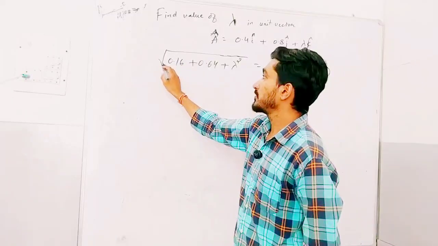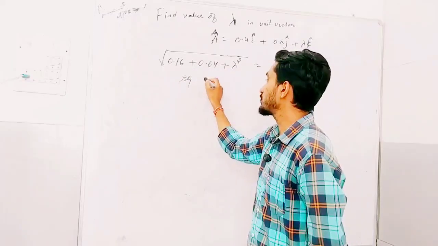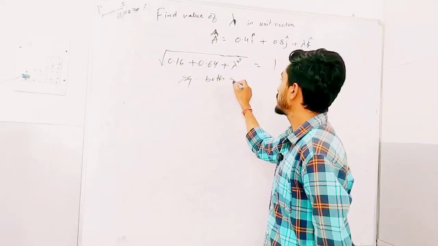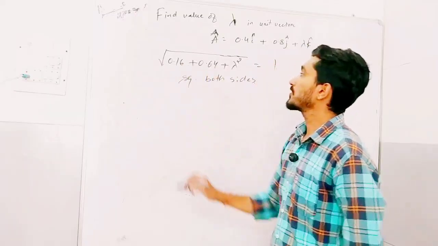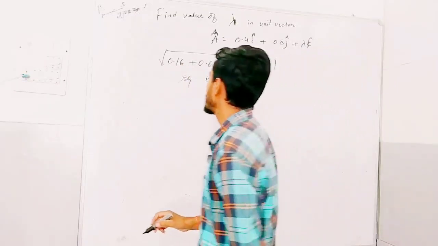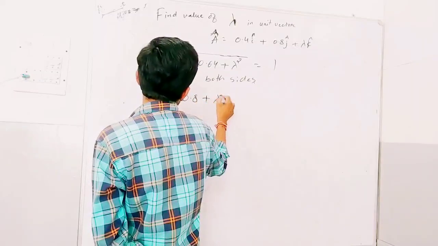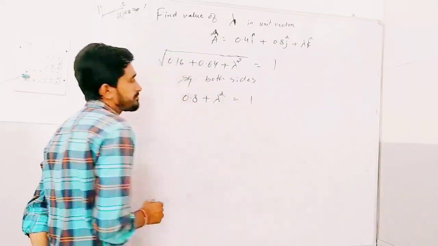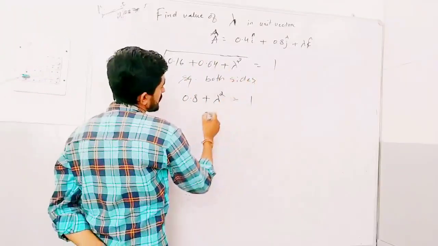Squaring both sides, we will get 0.64 and 0.16 becomes 0.8 plus lambda square becomes 1. 1 square is 1. Square and root cancel out each other.